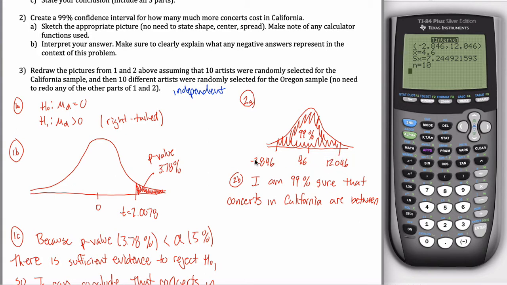Less expensive because you see this negative sign here. Maybe it would make sense to round to the nearest penny. I could say $2.85 less expensive and $12.05 more expensive. So something like that. Doesn't need to be that verbatim.